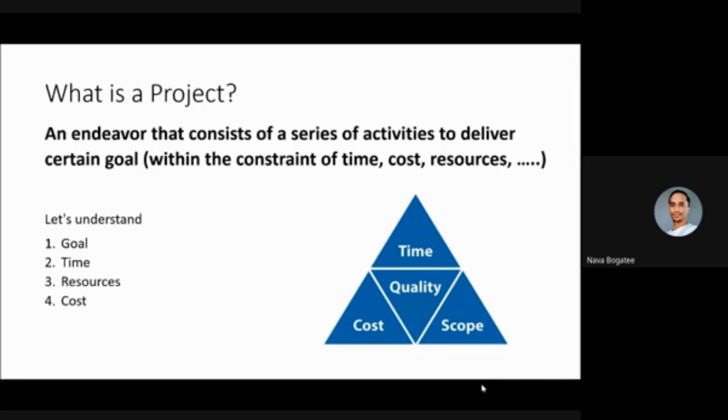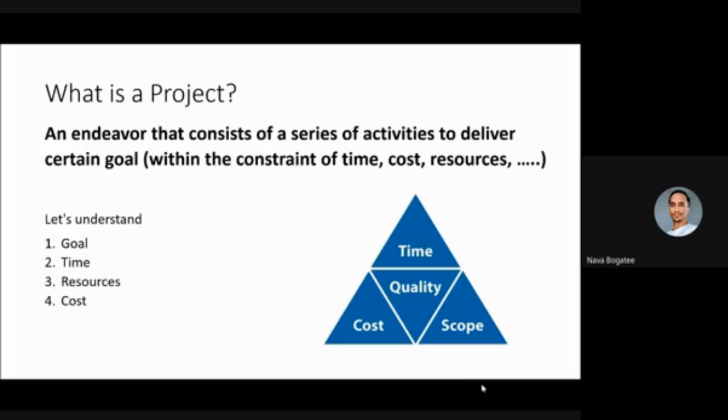Basically, a goal satisfies the requirements of a project. A project has lots of requirements, and whenever you are able to deliver some of the requirements, I'm not saying all of them, though it's better if you could deliver all of them, that's a goal. Time, cost, resources, quality, scope, whatever you see, they are the constraints of the project.